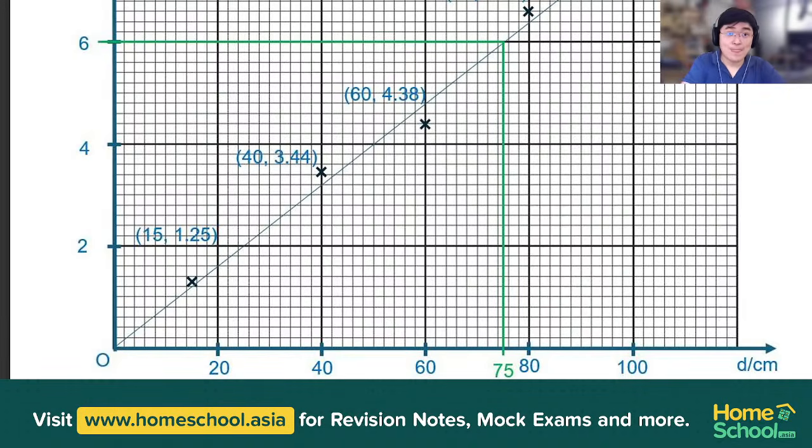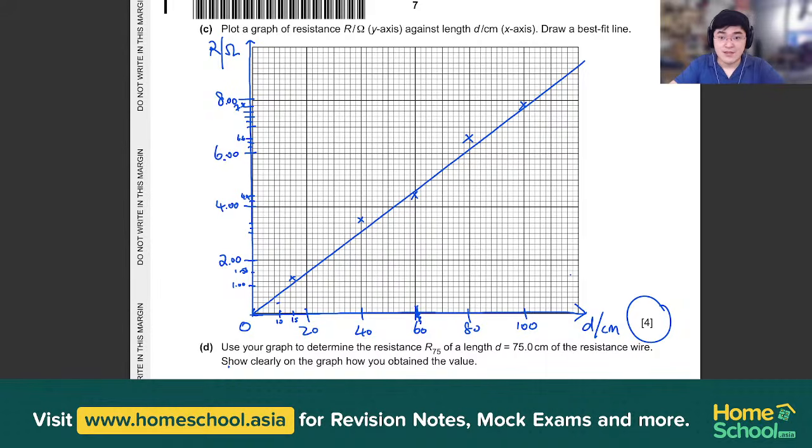So R75 should be equal to 6.00. Or should I put it in two significant figures? 6.0 ohms.